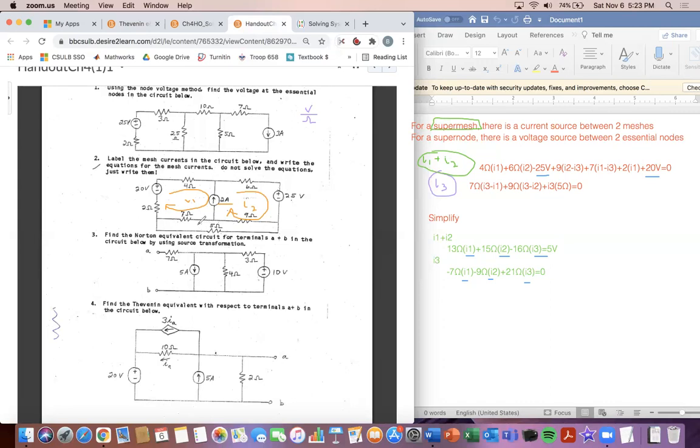So what I'm going to write for this is the 2 amp source is going to be equal to the I2 minus the I1. And so right here, I2 minus I1. And I'm going to use that for my third equation down here. So I'm just going to have I1 with a negative coefficient in front, and then plus I2, and then set that equal to 2. And that's our third equation.